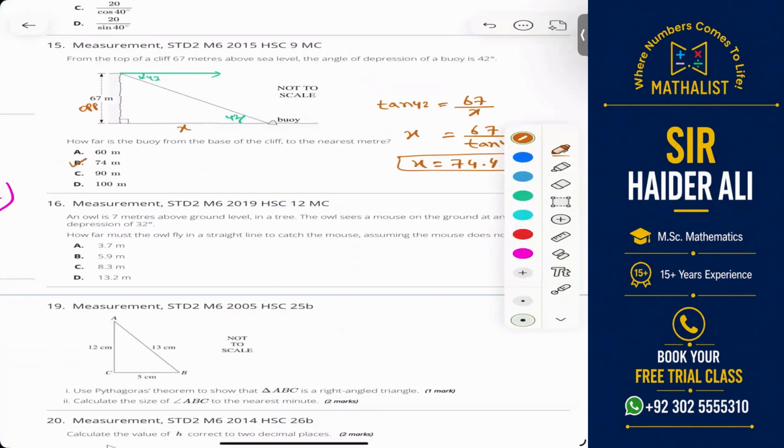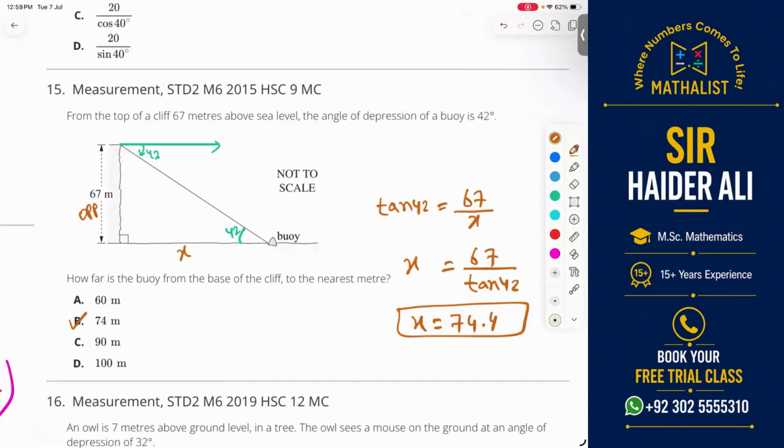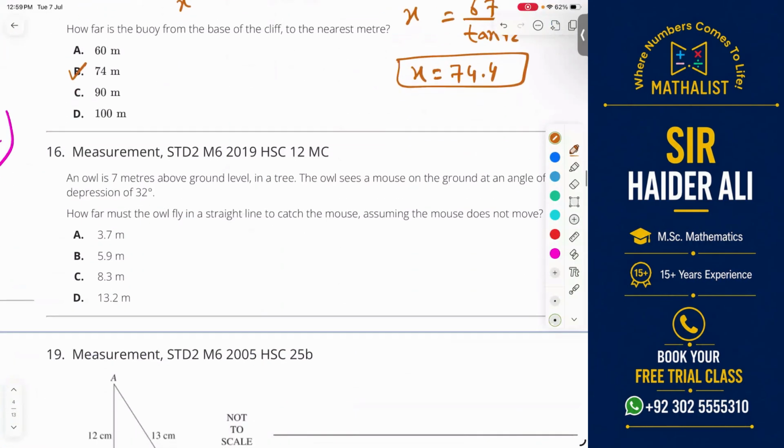Okay, accurate answer. And now the next one, the last one. O is 7 meters above the ground, so from the ground it is 7 meters above. Okay, it's a distance of 7 meters.